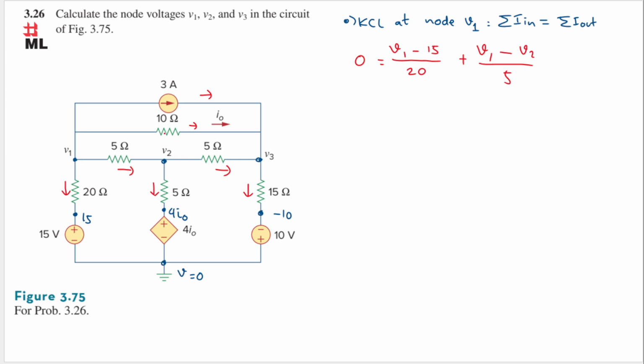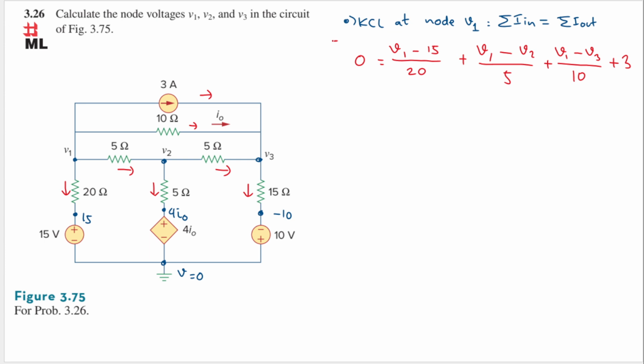And then this branch here, I will have V1 minus V3 divided by 10. And then I will have this 3 ampere, right? So I will have plus 3.